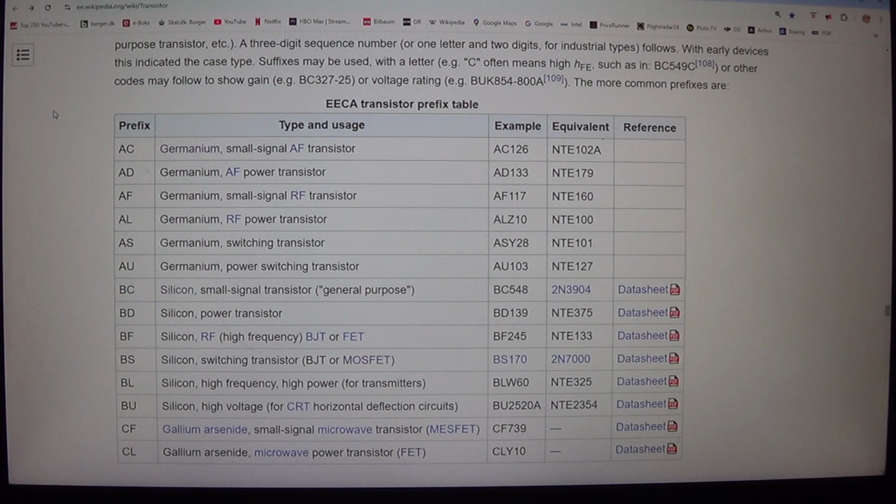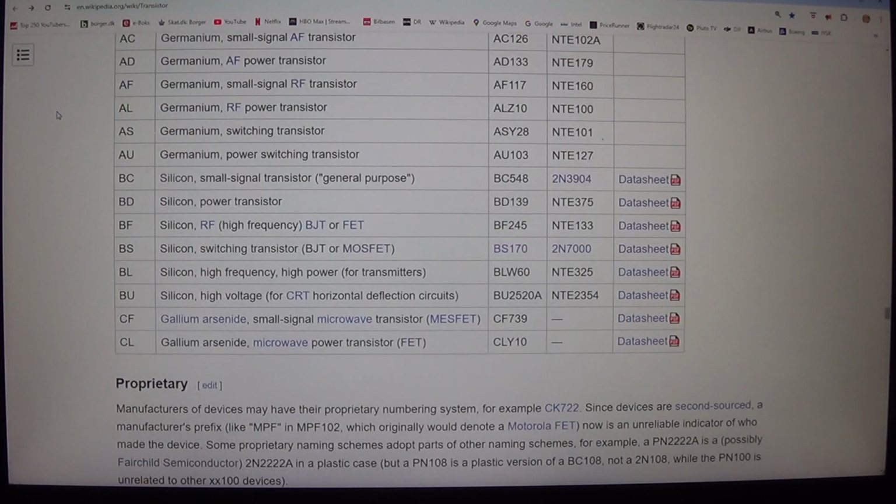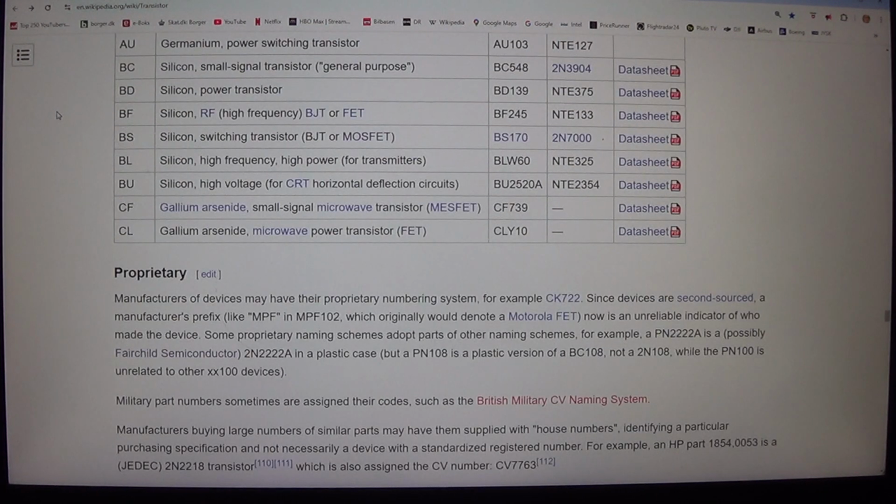BS: silicon, switching transistor, BJT or MOSFET, BS170, 2N7000, datasheet. BL: silicon, high frequency, high power, for transmitters, BLW60, NTE325, datasheet. BU: silicon, high voltage, for CRT horizontal deflection circuits, BU2520, NTE2354, datasheet.